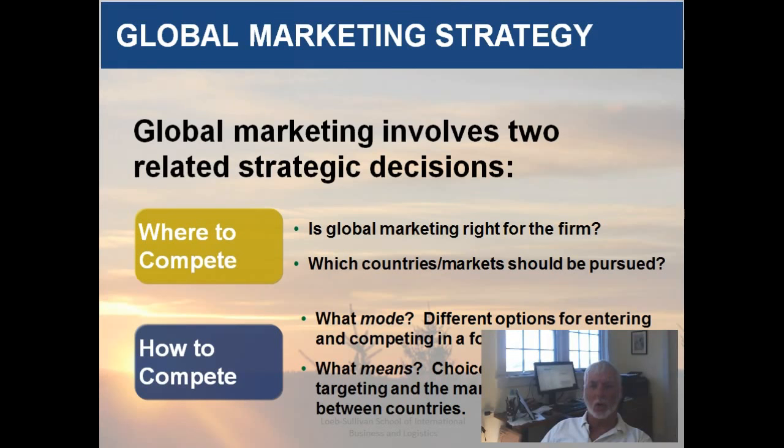So much like targeting markets domestically that we've spent a long time on talking about in this course, we're going to target certain age groups or certain economic groups or certain sexes or something. Here we have to decide which country is the best target to go to. So we have to look at the whole world and then narrow it down to the ones that make the most sense for us.